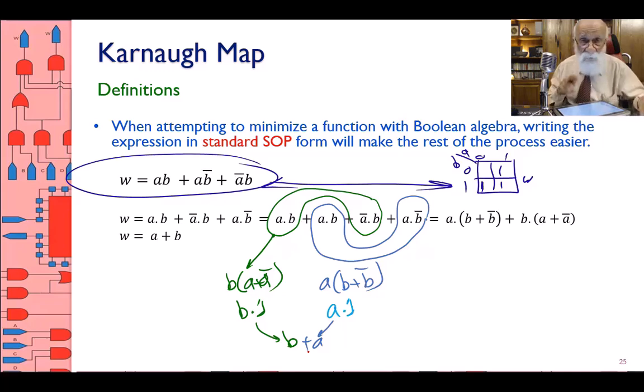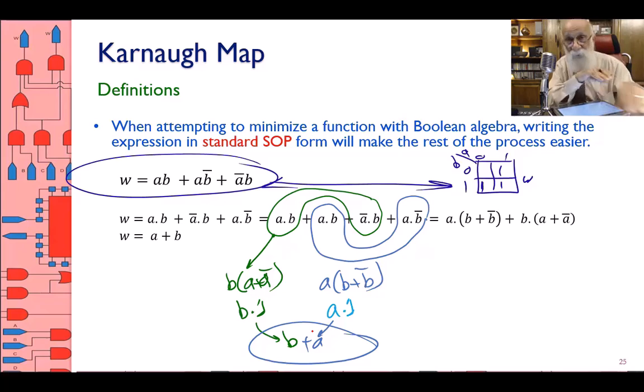And therefore what I'm coming up with is A or B as the result of this. Well, we knew that already because we actually started with an OR gate, and now we are proving this is an OR gate. But what I did now is I represented the OR function in terms of its minterms.